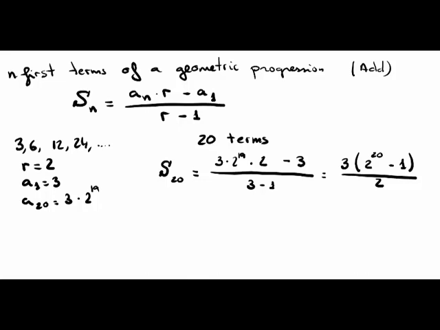What happens if r is lower than 1? If r is lower than 1, remember the general term is the first term multiplied by r to the n minus 1.